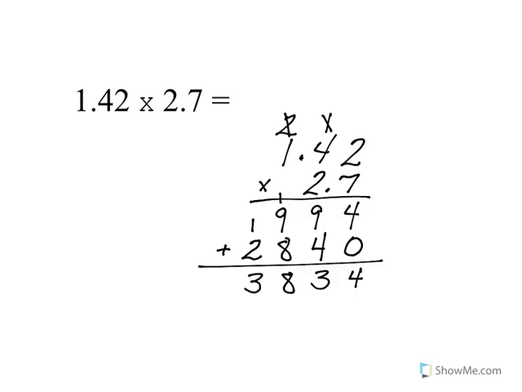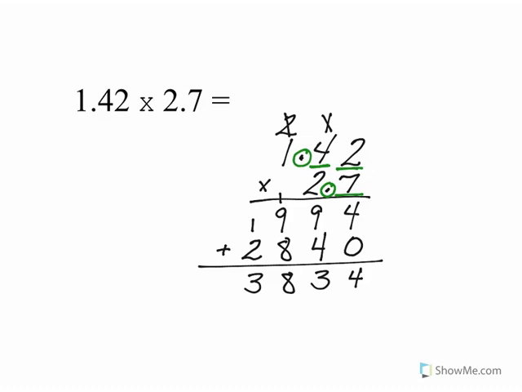Now, with multiplying decimals, I need to go back and count how many digits in the problem are behind each decimal. I have a decimal here, and after that decimal I have a 4 and a 2. I have a decimal here, and after that decimal I have a 7. So I have 3 digits. The 4, the 2, and the 7 are all after decimal points in the problem.